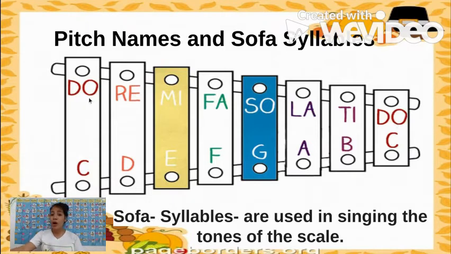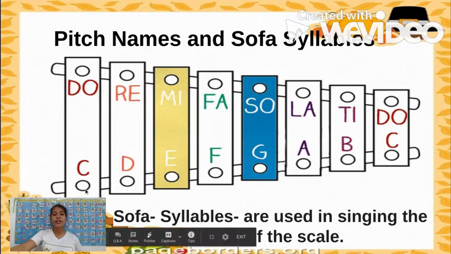So the solfa syllables have pitch names. We use pitch names especially when we are playing instruments, which is why we have C major, C minor. We use these letters for the chords. The shortcut for C is do.